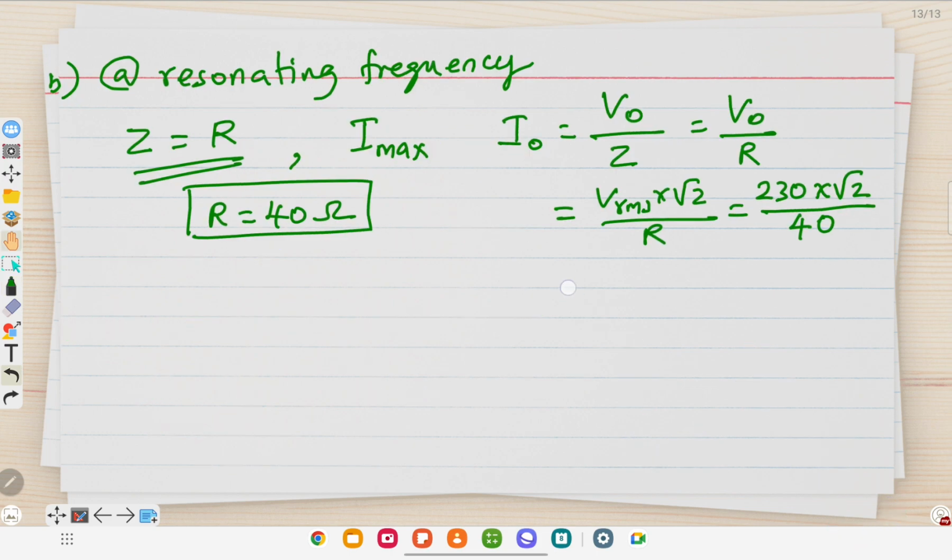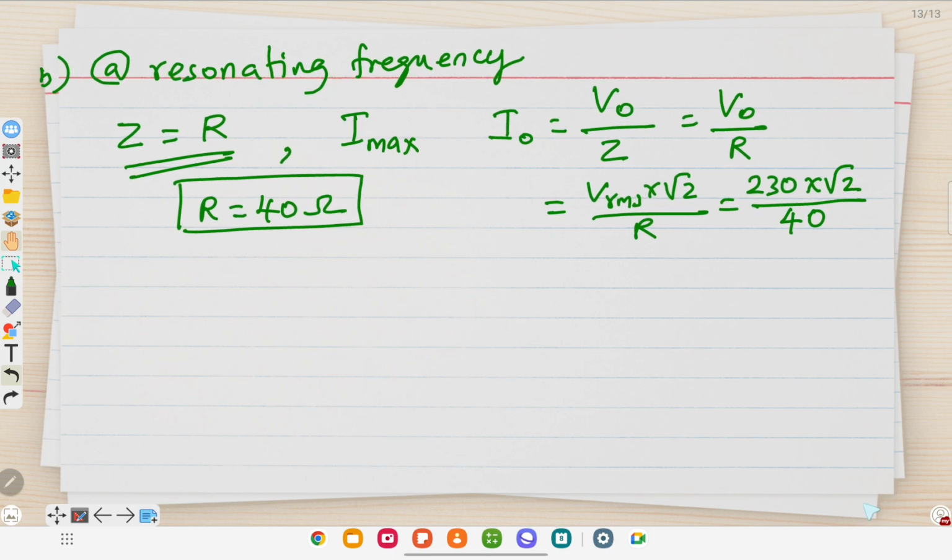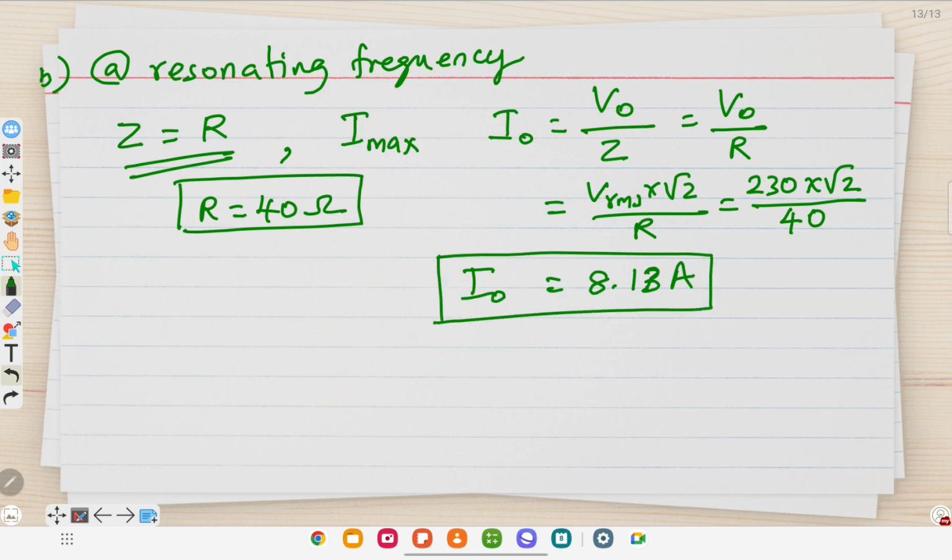So if you simplify, you will get the answer 8.13 ampere. So this is basically the peak current, the maximum current, because we know very well at resonating frequency current will attain peak.